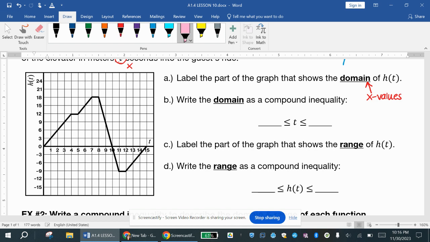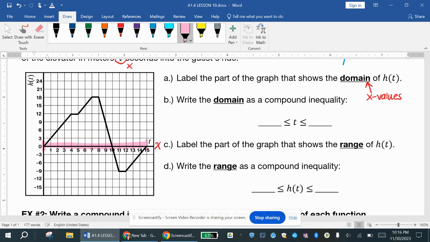As I look at my graph, I want to look left to right. So it's from 0 and then the function reaches all the way to 15. So from 0 to 15. That's how you label the domain on the graph. You're looking on the x-axis, right? Domain has to do with the x-axis.